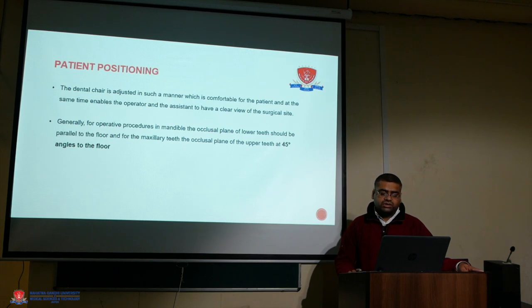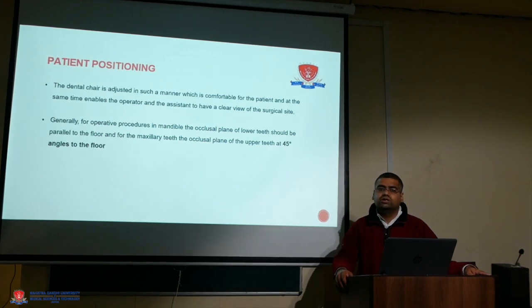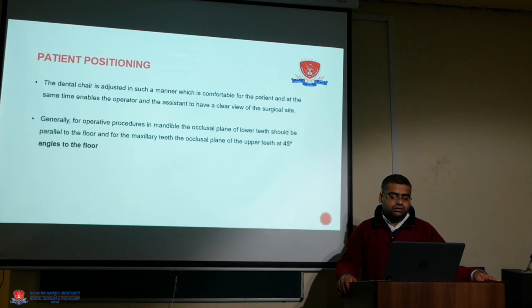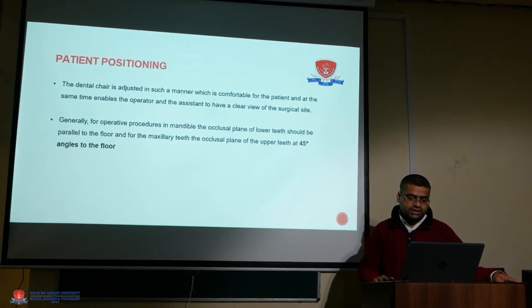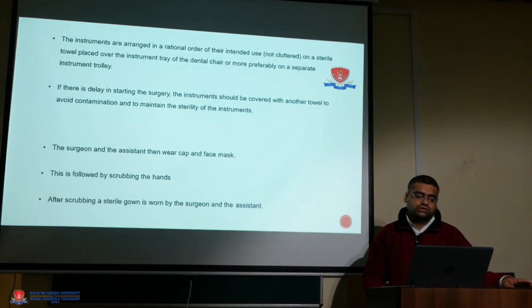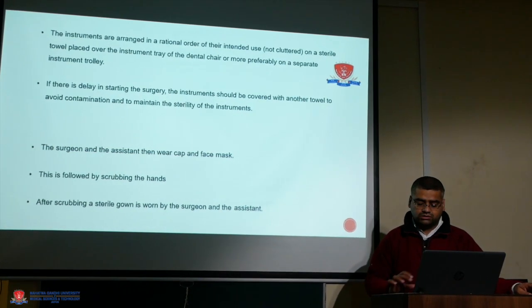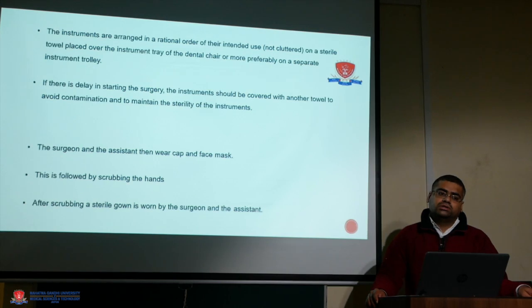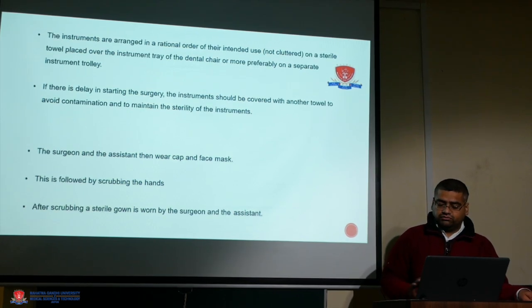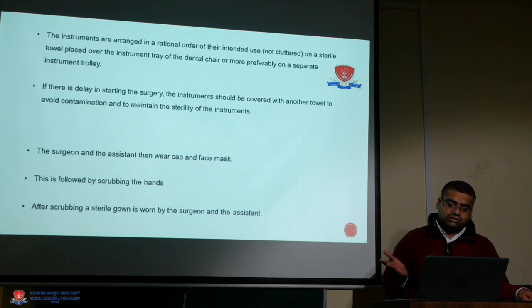The patient should be seated comfortably on a dental chair, and the chair and the occlusal plane of the teeth should be at 45 degrees. The instruments should be arranged in a rational manner, like mirror, probe and so on.